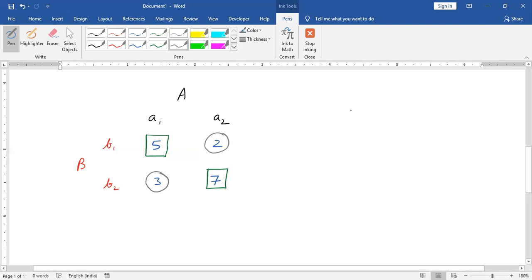And this is a matrix of 2 by 2, that means the number of rows times the number of columns is 2 by 2. So how will we find the saddle point? If you find a saddle point in the game payoff matrix, it is called a pure strategy game. What do we mean by a pure strategy game?